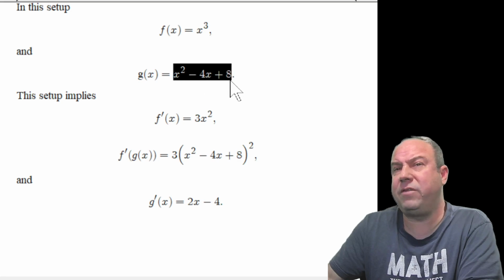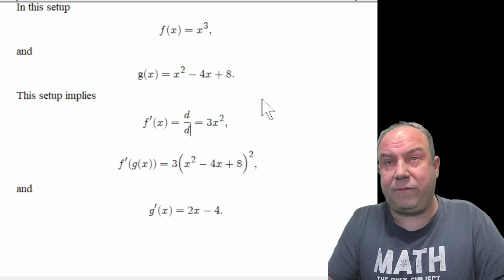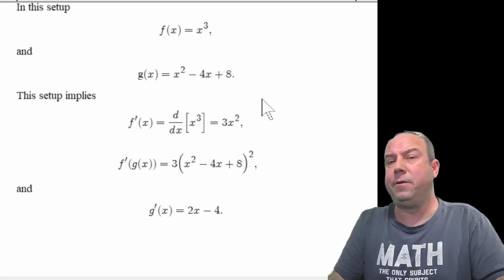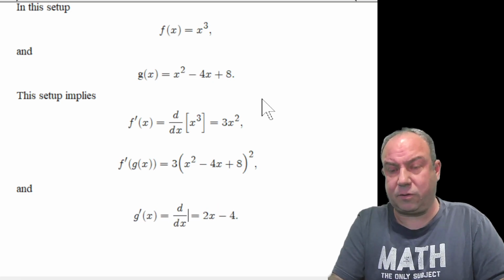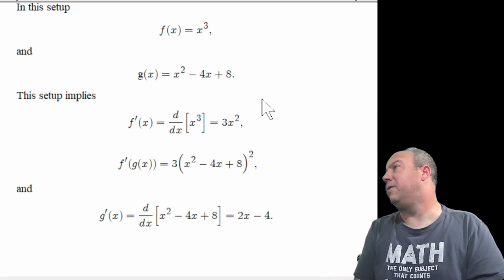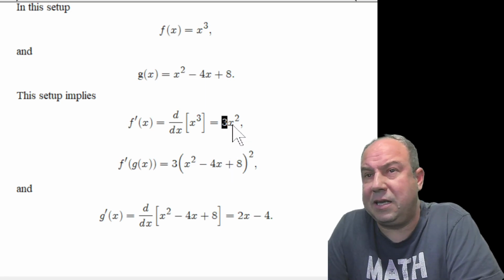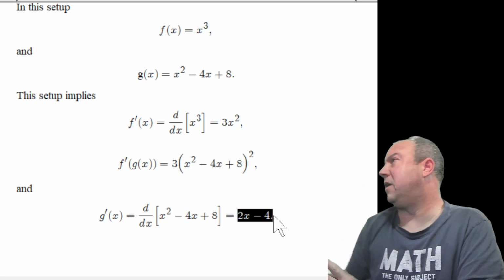We think this is going to be the derivative with respect to x for x cubed, whereas this is going to be the derivative with respect to x for that quadratic. And we know from our fundamental rules that this was 3x squared, and this is just the case for 2x minus 4.